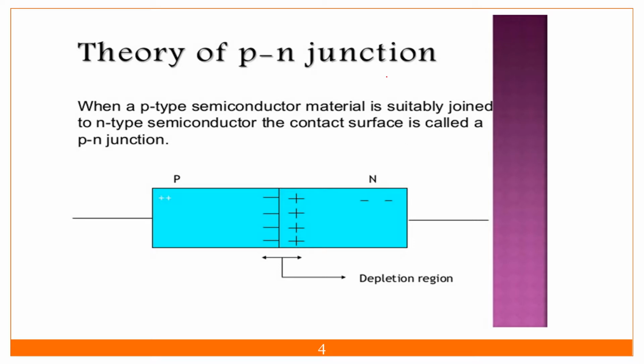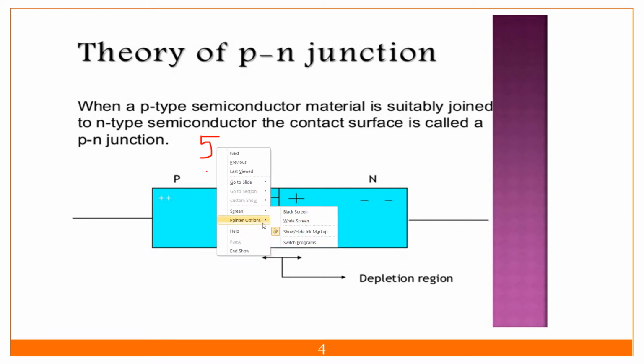Intrinsic material. Intrinsic material can't be used for practical purposes. So what we do is add some impurity, like one having 5 electrons, which is called pentavalent.